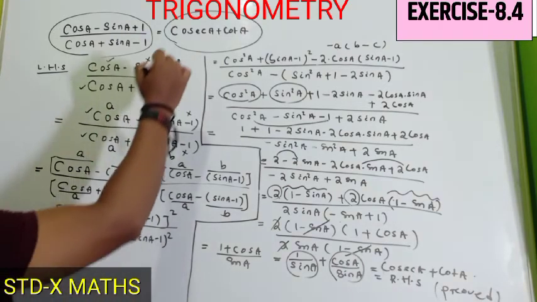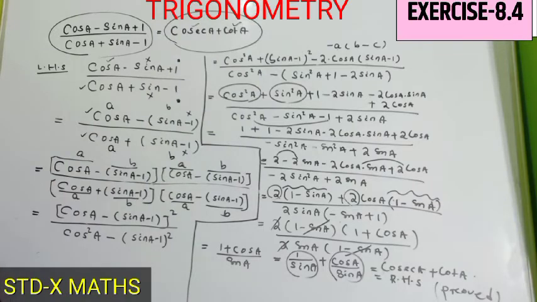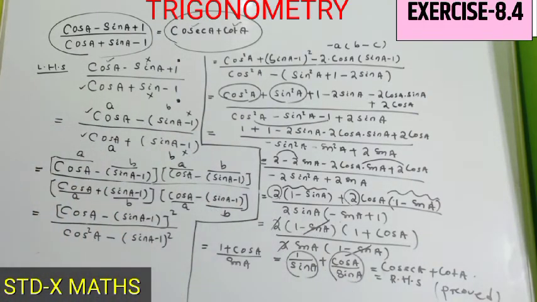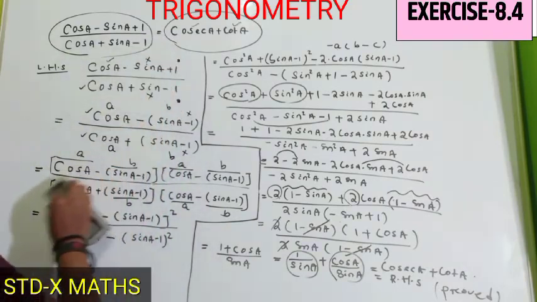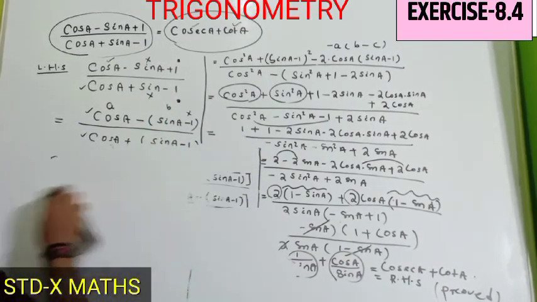See, actually on the right side I want the cosec and cot. On the right side it is asked for the cosec and cot.